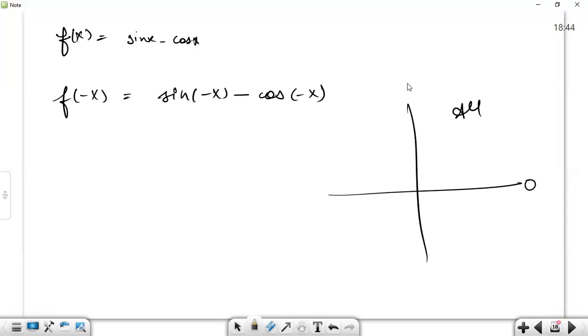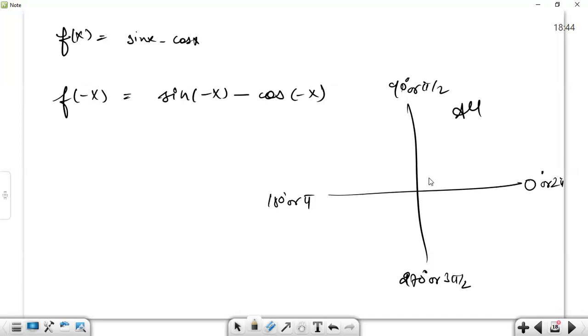Here, this is a trigonometric plane. This is 0 degrees or 2 pi. This is 90 degrees or pi by 2. This axis represents 180 degrees or pi. This represents 270 degrees or 3 pi by 2.